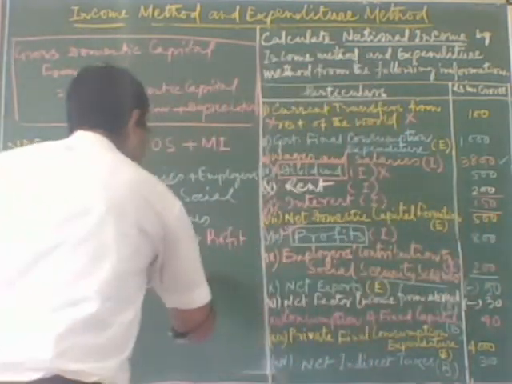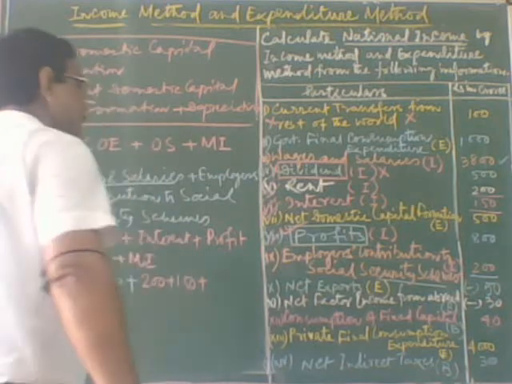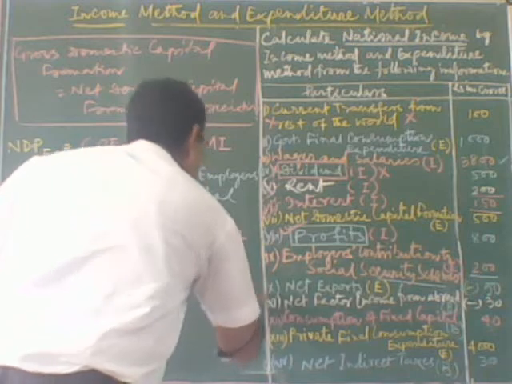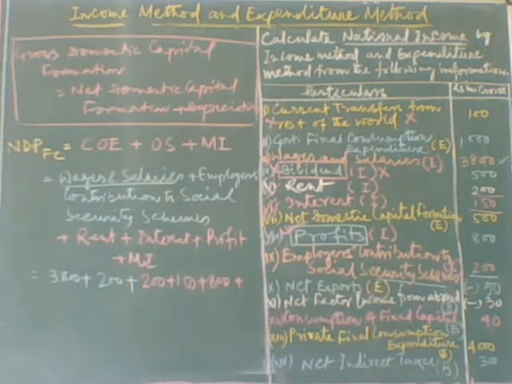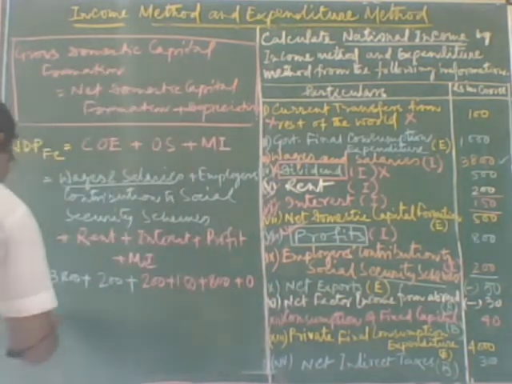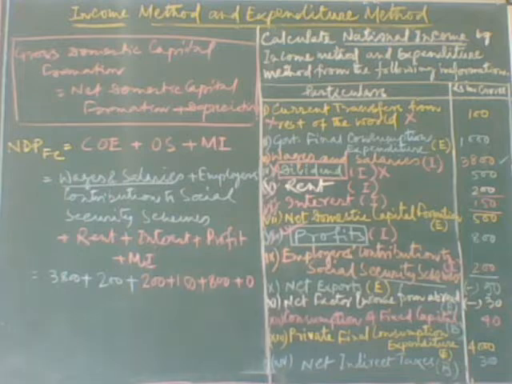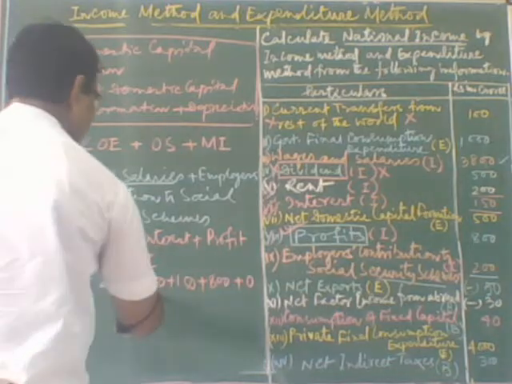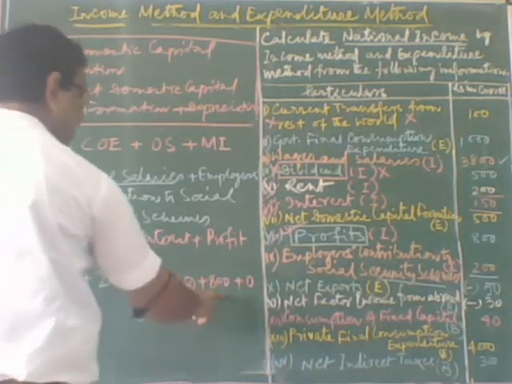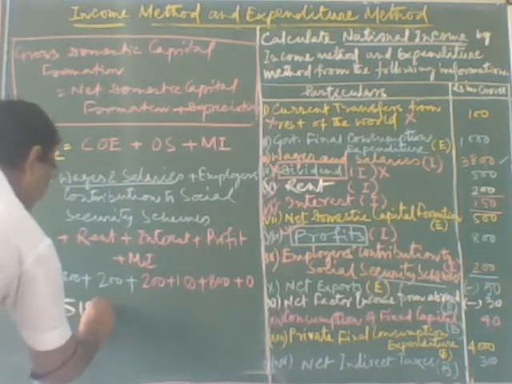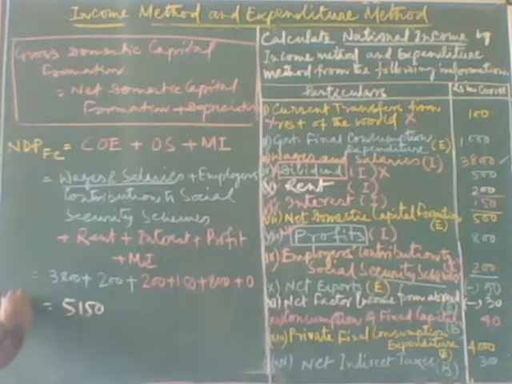Plus profit, that value is 800, plus mixed income. You are not given this component, so you can put 0. So what is it equal to? 3,800 plus 200, 4,000. 4,000 plus 200, 4,200, plus 800, 5,000. 5,000 plus 150, 5,150. That is NDP factor cost.